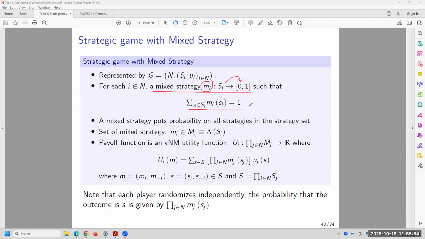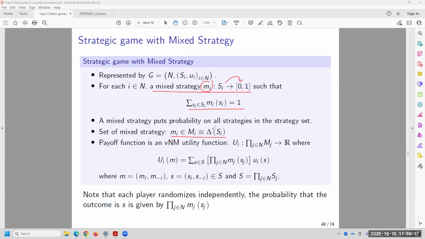You give a probability distribution over the strategy set, and that is why we denote it as a simplex over your strategy space.